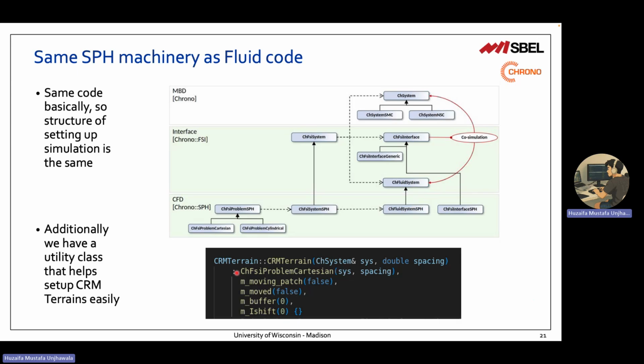I'll show you an example where you can go from the old fluid simulation and replace the fluid with terrain with a few line changes. We'll do that. But otherwise, if you want to use CRM, use this CRM terrain class because it fits in with the Chrono vehicle module very well. And you can interchange the CRM terrain for SCM with a few lines of code. It's very easy. So yeah, the CRM terrain class is useful.